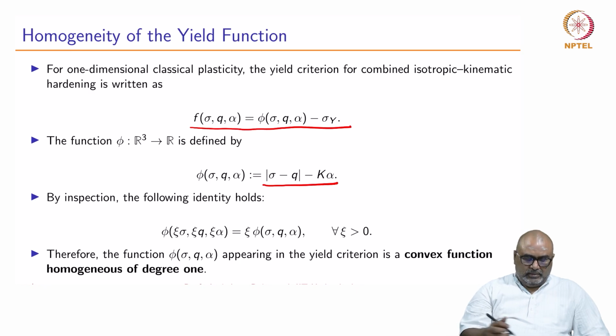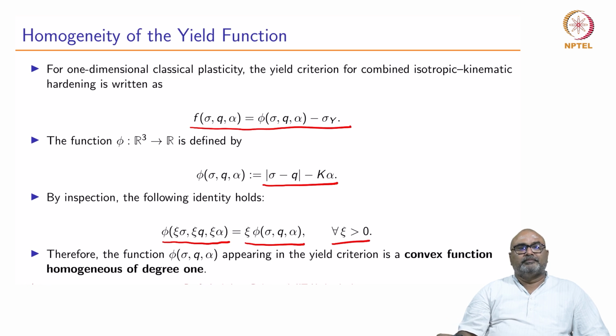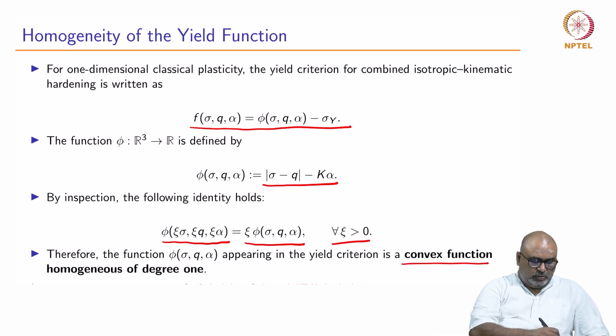Now, if we write phi of xi times sigma, xi times q, xi times alpha, then this function is going to be equal to xi times phi of sigma, q, alpha for any xi greater than 0. So, the function phi appearing in the yield criteria is a convex function and is also a homogeneous function of degree 1.